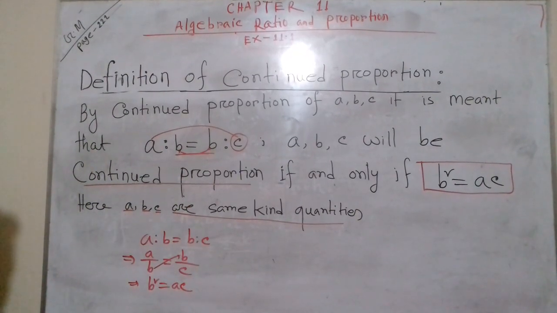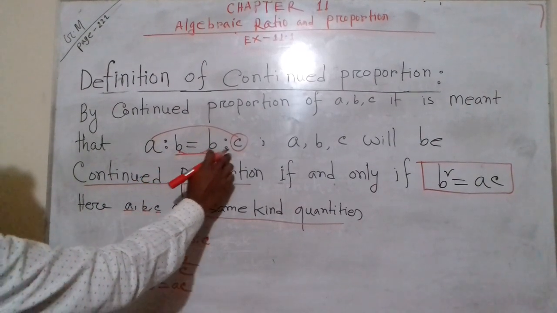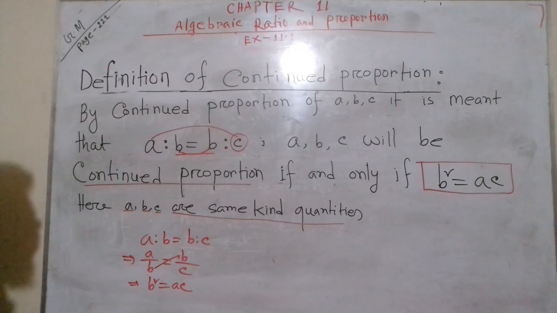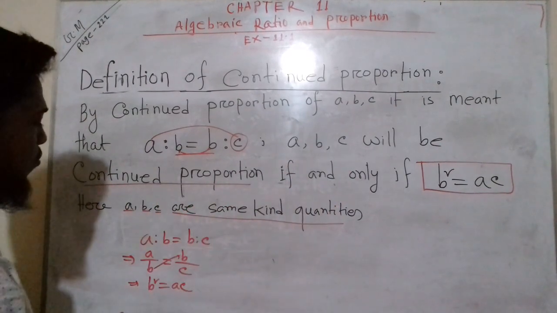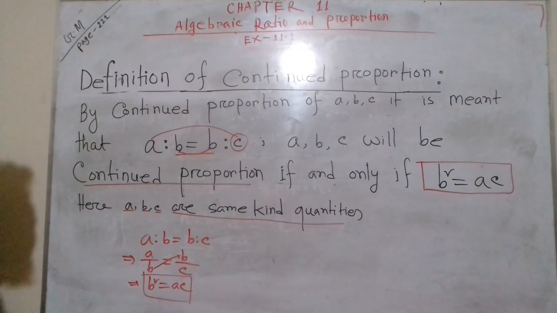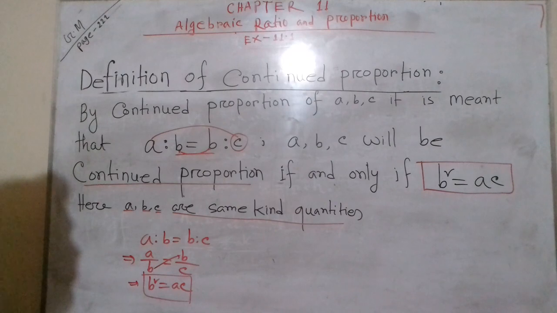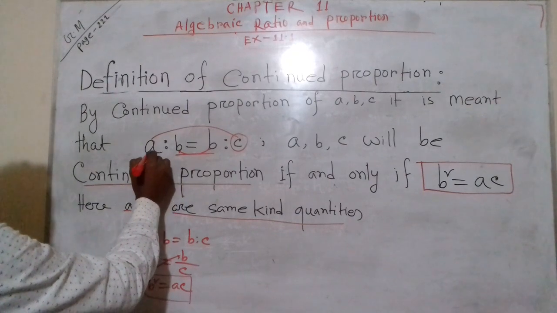So we can say that A is to B equal to B is to C. Here A, B, C will be in continued proportion if and only if B square equals AC. Here A, B, C are the same kind and same unit of this ratio.